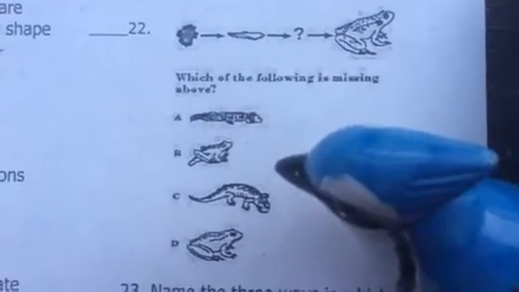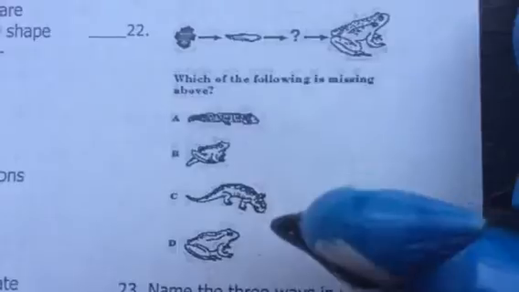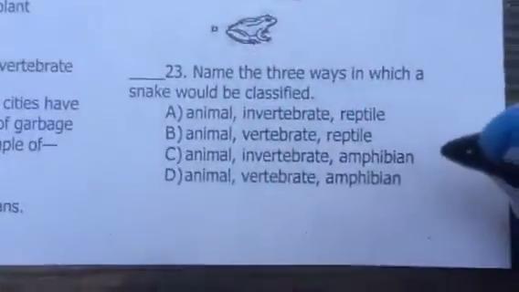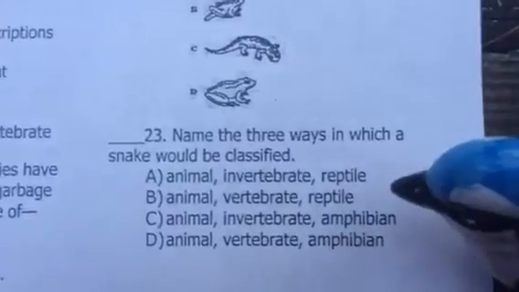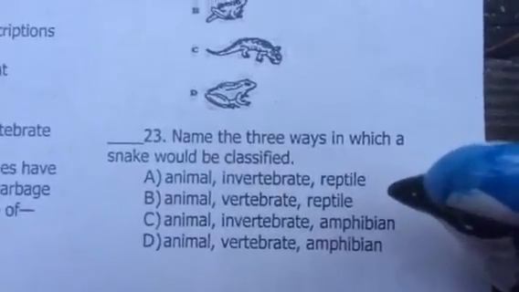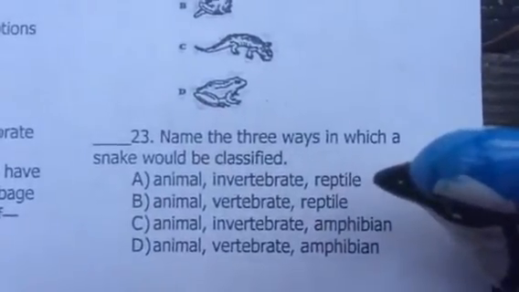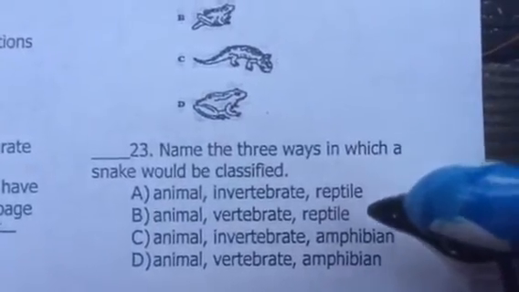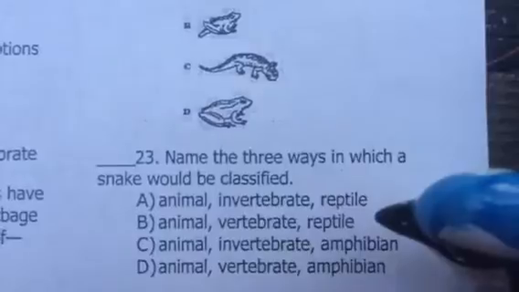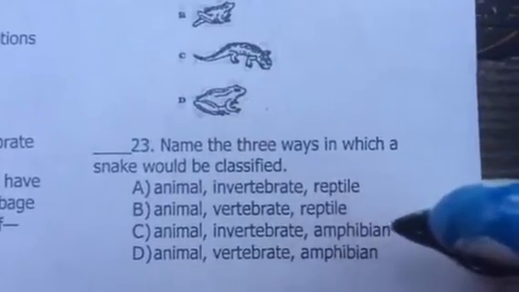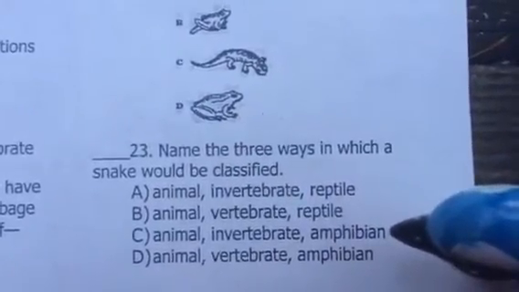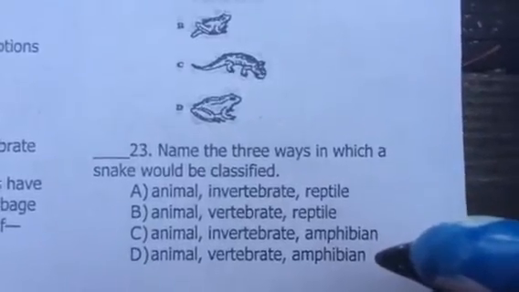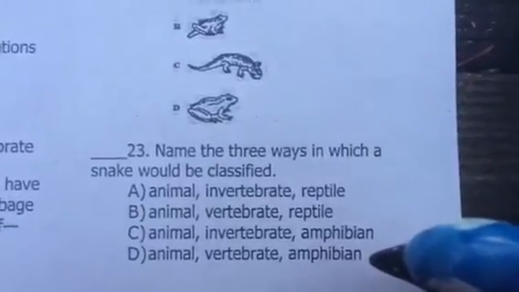A, B, C, or D? 23. Name the 3 ways in which a snake would be classified. A. Animal, invertebrate, reptile. B. Animal, vertebrate, reptile. C. Animal, invertebrate, amphibian. D. Animal, vertebrate, amphibian.